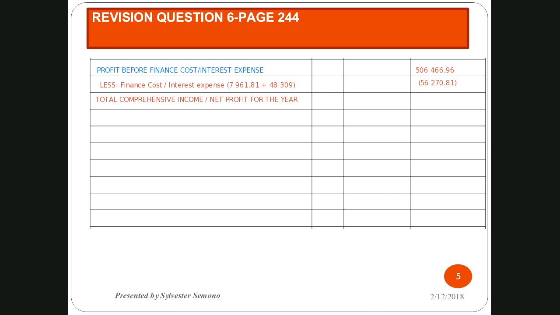Maybe I should have started with the statement of profit and loss before I came to the statement of changes. But please go back to the statement of changes in equity. Instead of 800,000, just put 450, it will change. We can still go back and do that. It's okay. But any question about this?